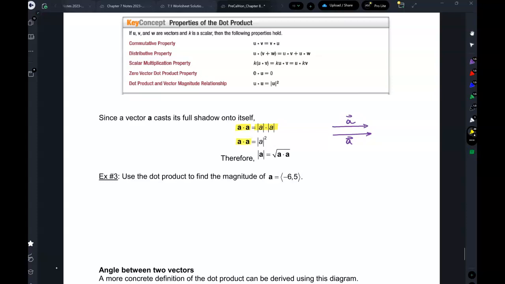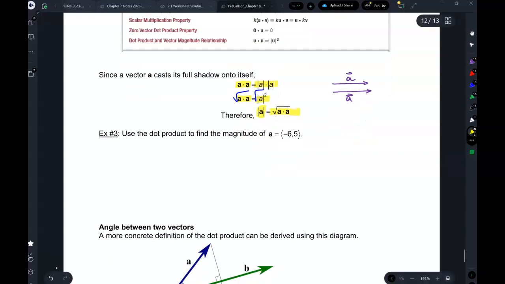which means A dot A would just be the magnitude of A squared, which means if I take a square root of both sides, the magnitude of A is just the square root of A dot A. So that's another way of looking at finding the magnitude of a vector, okay? You guys know how to find the magnitude of a vector.